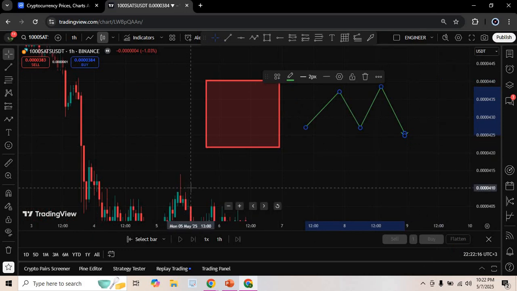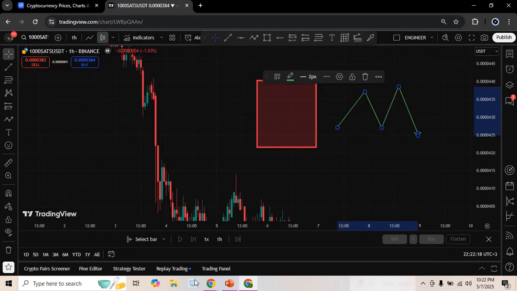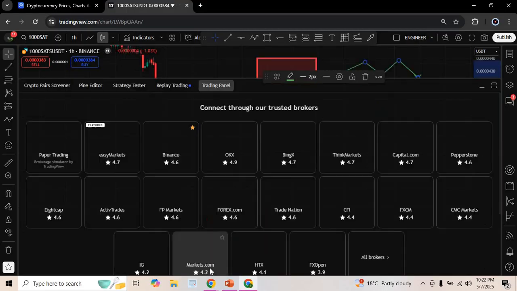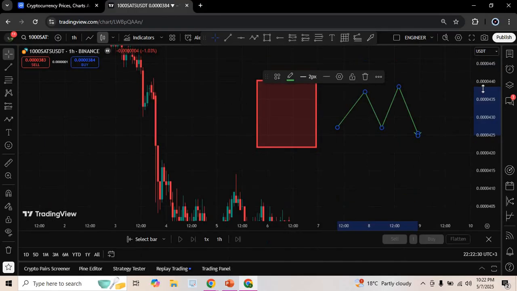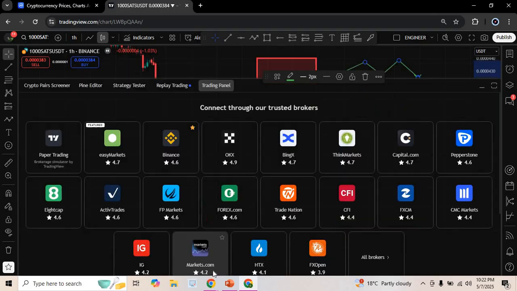So before I move to the most important part of this class, I'll just mention this last part. All these parts you can come and explore on your own, but I had promised to show you where you can access all your trading exchanges. So just come to this part, the trading panel, click on it, and here you can access all your favorite exchanges, or the brokers if you're doing forex or stocks.